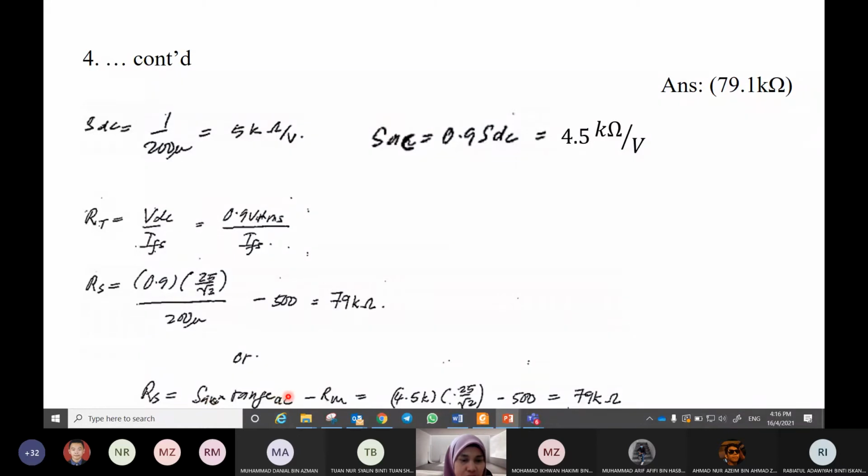But now this is AC, and then we minus Rm. So SAC is 4.5K multiply with V range AC, same with this, 25 divided with root 2 and then minus 500, you get 79K. Any question?